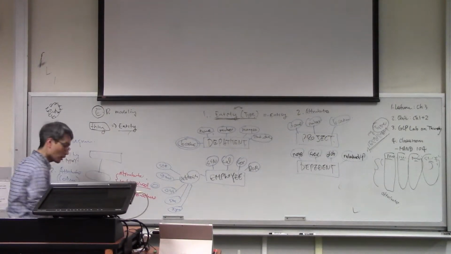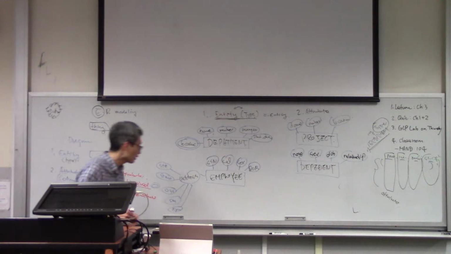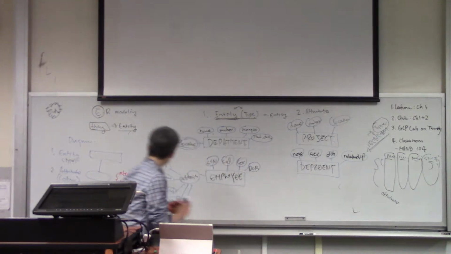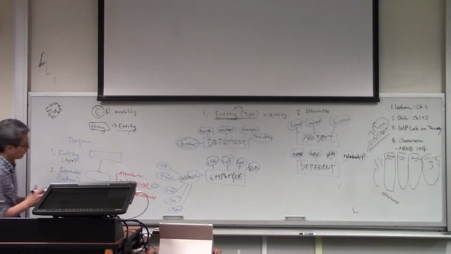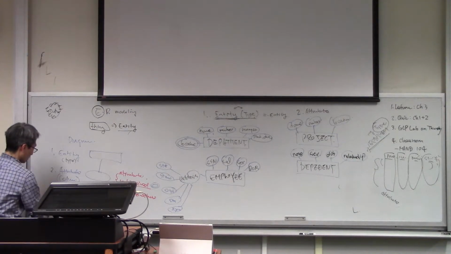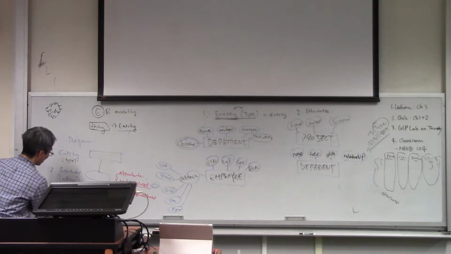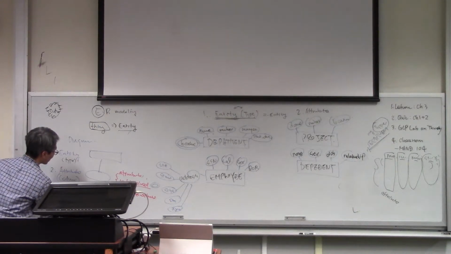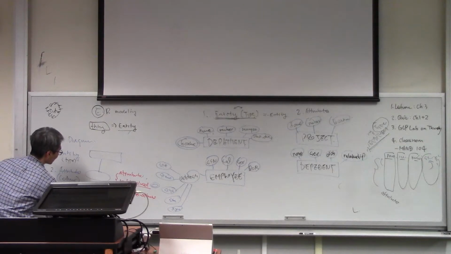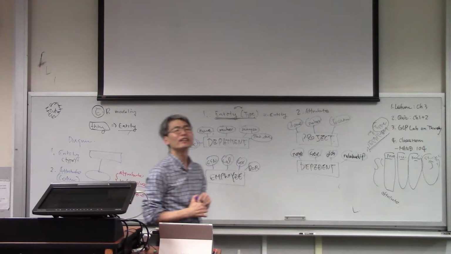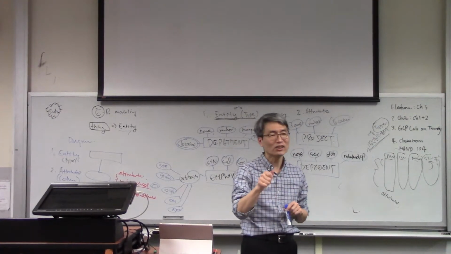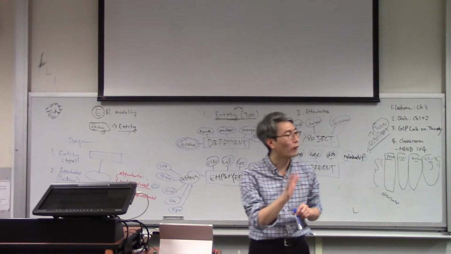One more thing is I'm going to add one more step. That is to identify the key attribute. So key attribute means, what is a key? Key to access, key to find.